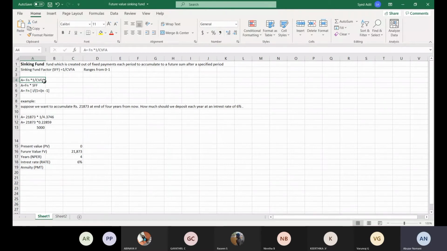This 1 upon CVFA we can replace with CFF. This is the first formula that we can compute.